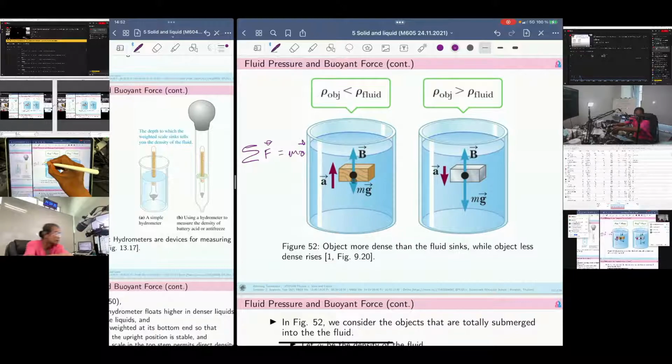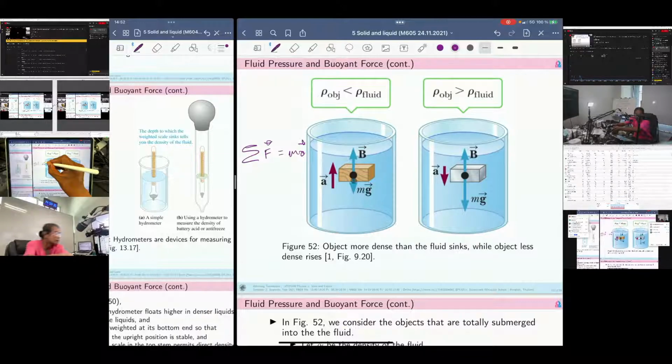Okay, let's get back to our story. Yes, this is the floating and sinking condition. Sigma F equals ma, as in the second law by Newton. You could see here that the absolute value of the Buoyant force is greater than the absolute value of the weight.